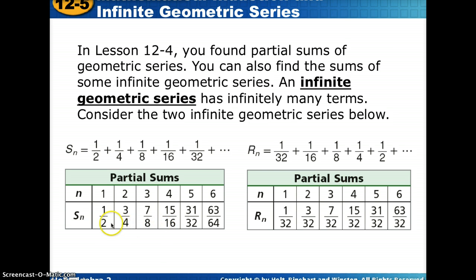Now, as you look at these numbers, they're getting larger, but you'll notice they're not getting larger than 1. The second pattern starts with 1/32 plus 1/16, and this one looks like it's getting larger each time.